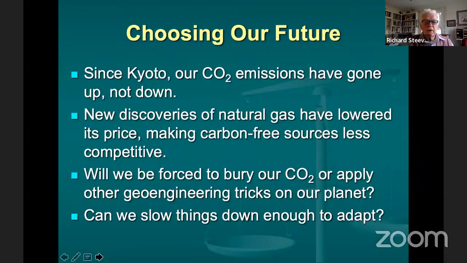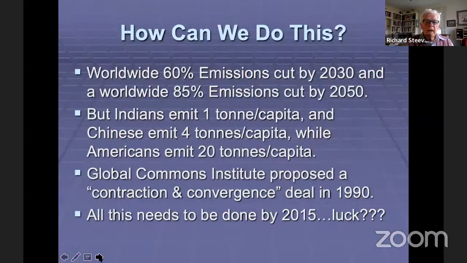Since Kyoto, our CO2 emissions have gone up, not down. We know that. New discoveries of natural gas have lowered its price. Well, yes, until recently. We'll be forced to bury our CO2, will we, or apply other geoengineering tricks to our planet? That's a real challenge, still coping with. Can we slow things down enough to adapt? That's a key question.